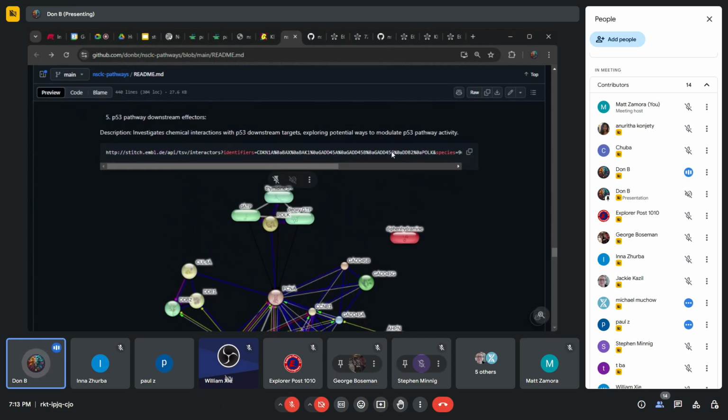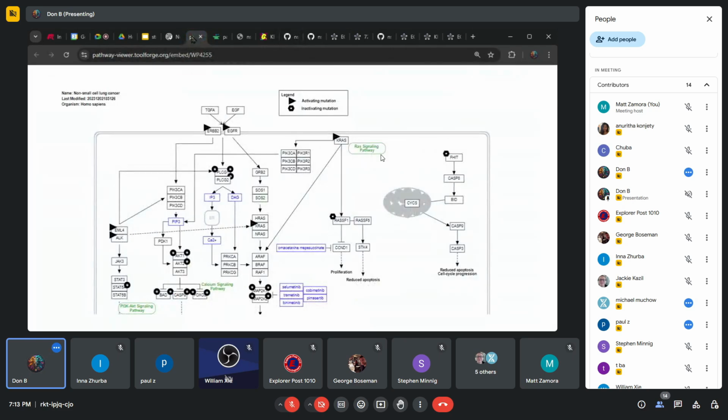Some of the other ones that were a key focus, in terms of interest, were the RB pathway and the P53 pathway. This one is focused on items that are in the P53 pathway. This is one of those things where I manually derived this based on the pathway.